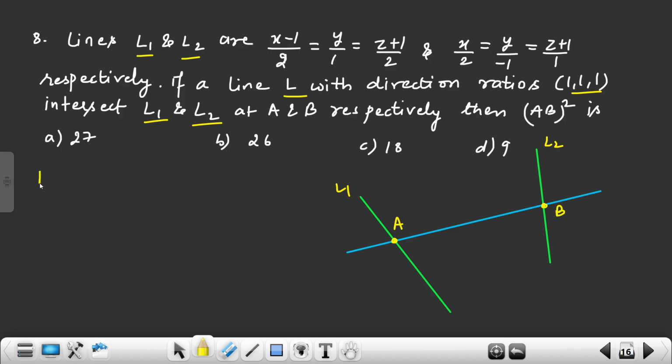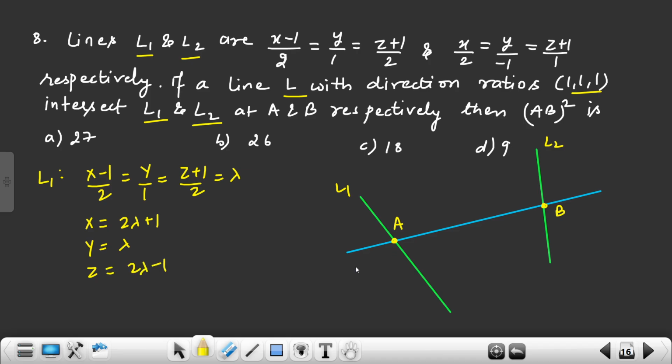Now first, L1. What is L1? X minus 1 by 2, y by 1, z plus 1 by 2, that is lambda. So the x value I will take as 2 lambda plus 1, y value lambda, and z value 2 lambda minus 1. So this point A I can say is (2 lambda plus 1, lambda, 2 lambda minus 1).